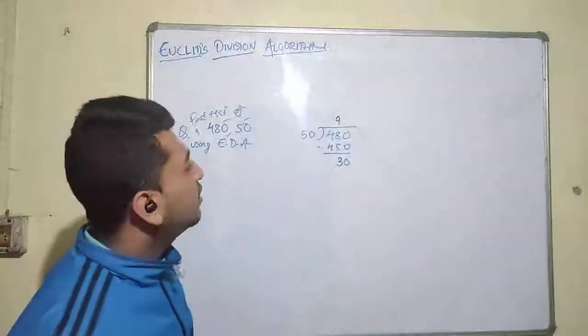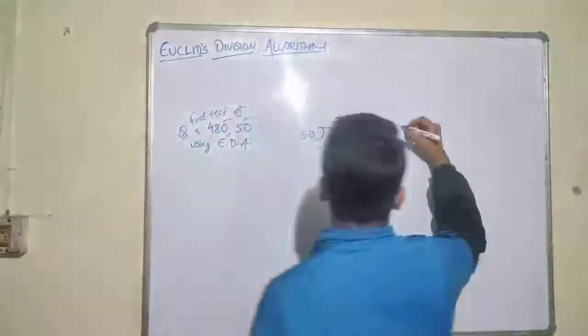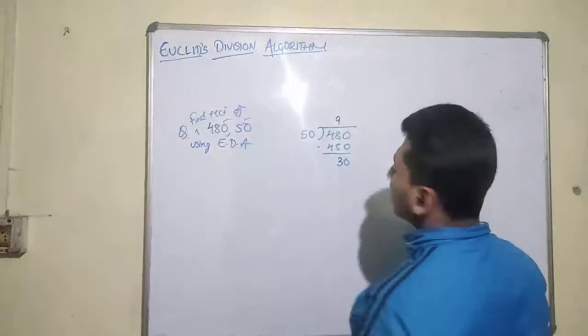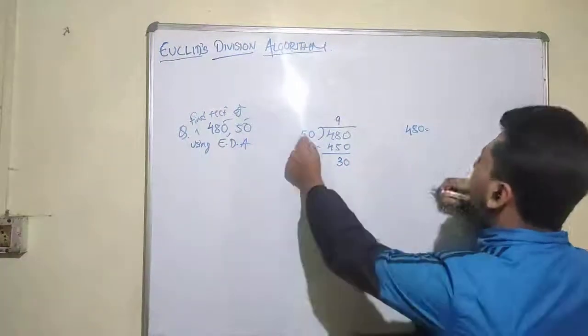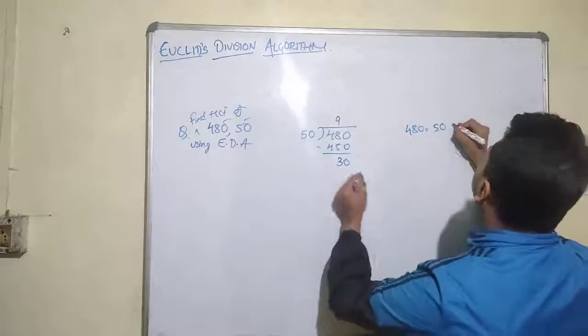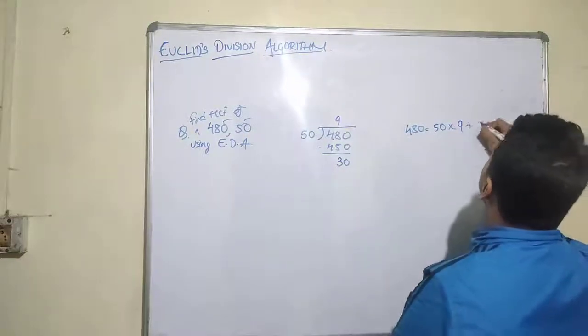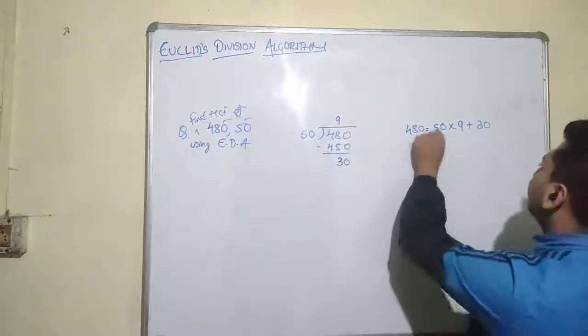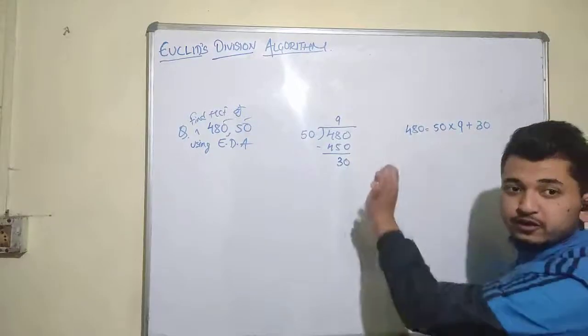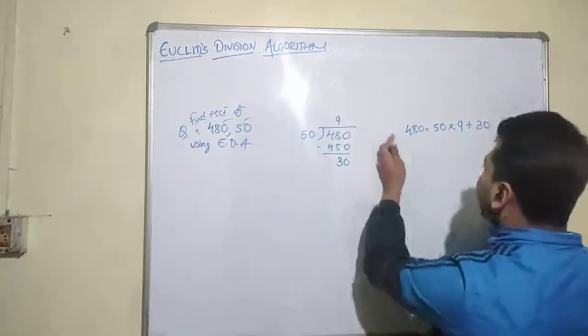Now we write 480 equals 50 into 9 plus 30. So the first line is covered.